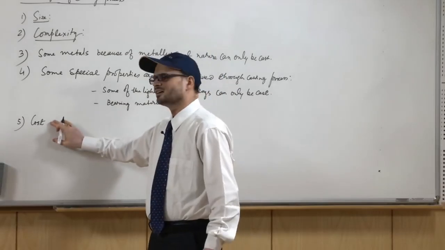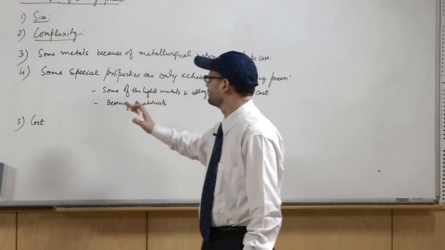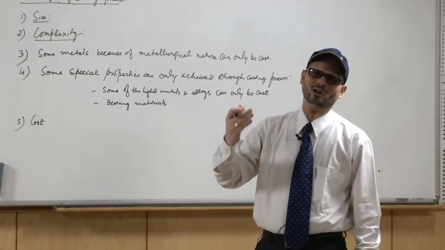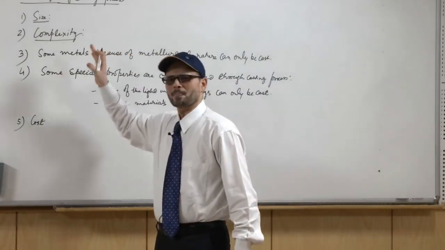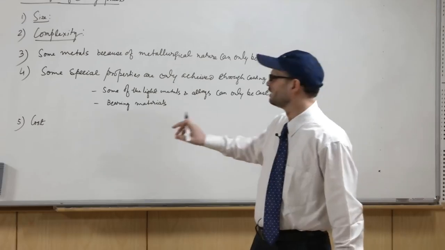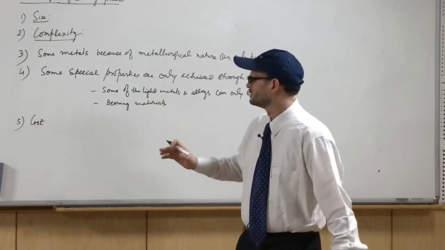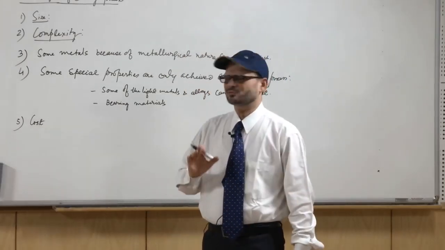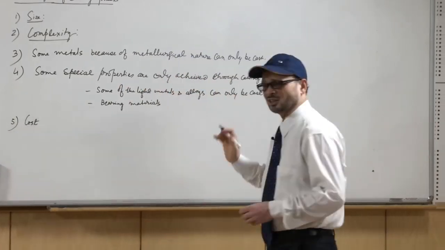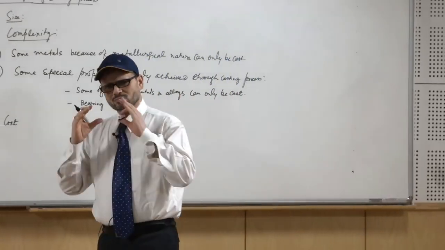So, the cost of the component, when we talk about making a finished product, is minimum through this route. When we talk about mass production, casting is the only way to go. If we are getting a specialized property, then only we have to think about it, and at that time this factor becomes very important, and that way casting is a preferred process by which we get the material in the desired shape.